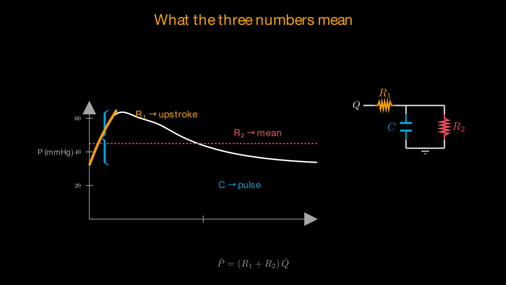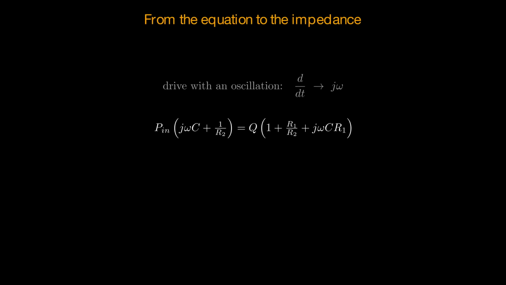And the proximal resistance, the characteristic impedance, is density times wave speed over the artery's area. It catches the very first instant of each beat, the steepness of the upstroke. Mean, pulse, upstroke: three features, three knobs. One more view of the same equation. Drive the model with a steady oscillation, and every rate of change becomes a simple multiply.